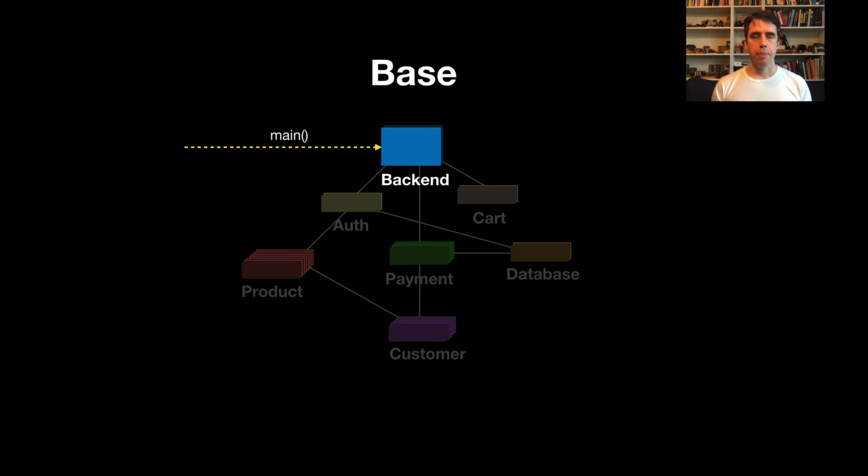And what it does is that when it receives the call, it just delegates to other components. And you never put domain logic into a base. It's just delegation to other components. So a base is just a thin layer delegating the incoming call.